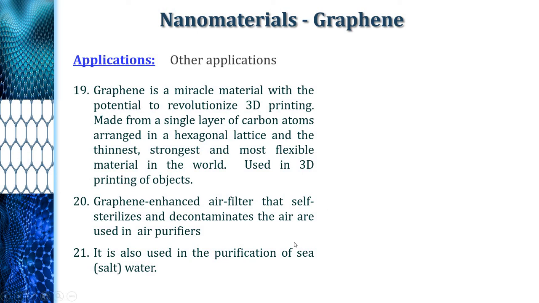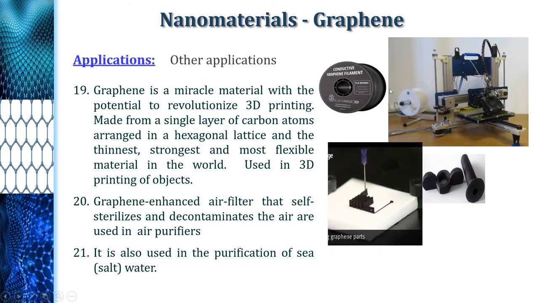It is also used in 3D printing, and in air filters that self-sterilize and decontaminate the air, used in air purifiers. It is also used in the purification of salt water. This is how graphene filament is used for 3D printing of articles like these. These are nuts, bolts and screws that are 3D printed with the help of graphene filament.